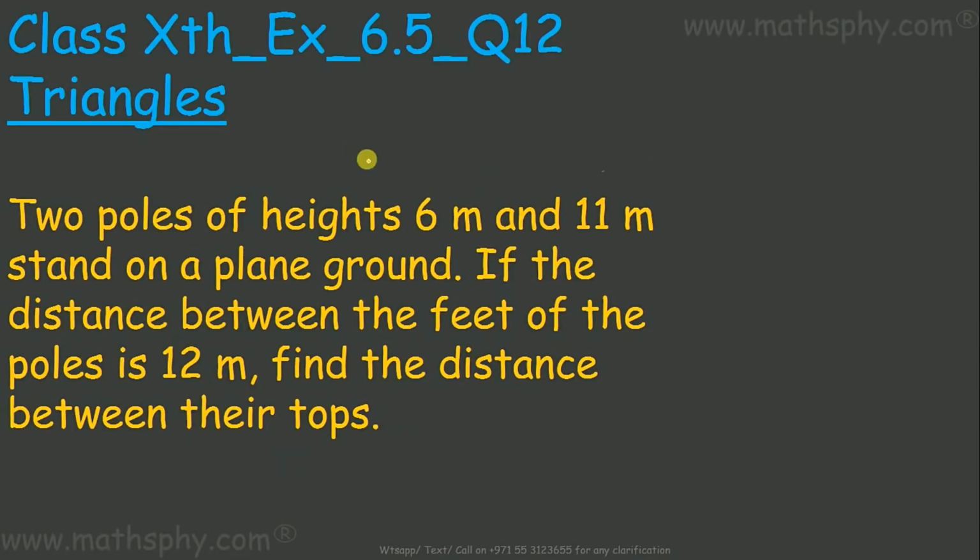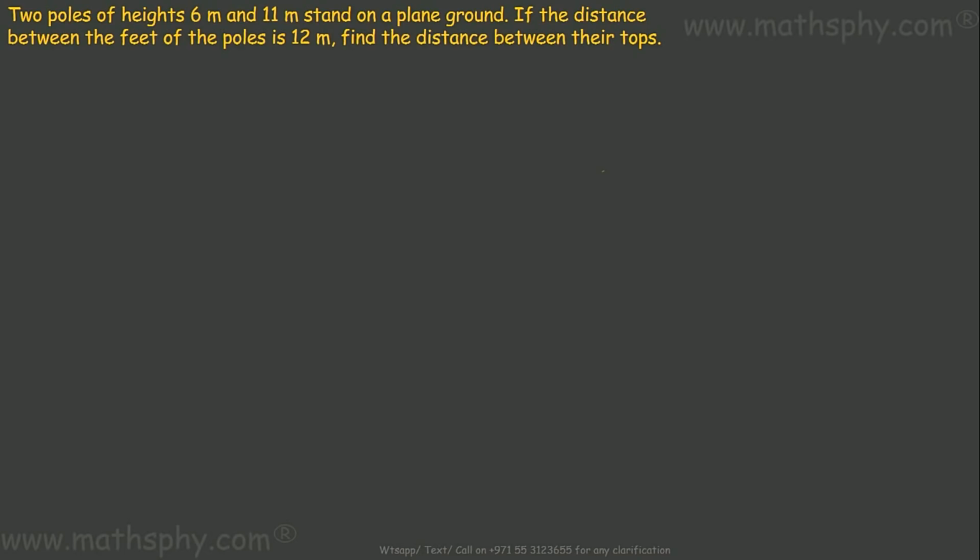This question here, it says, two poles of heights 6 meters and 11 meters stand on a plain ground, standing straight. If the distance between the feet of the poles is 12 meters, find the distance between their tops. I have two poles, this one is 6 meters and the second one is 11 meters.